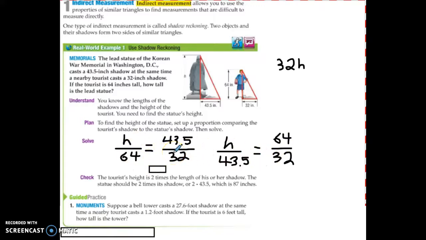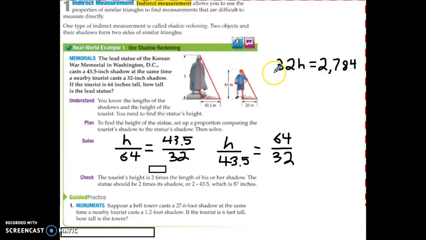If I look at this one, the 64 I know is double the 32, so I know my h on top is going to be double the 43.5. So that's the shortcut. I'll come back to that in a second. If I cross multiply 64 times 43.5, I get 2,784.